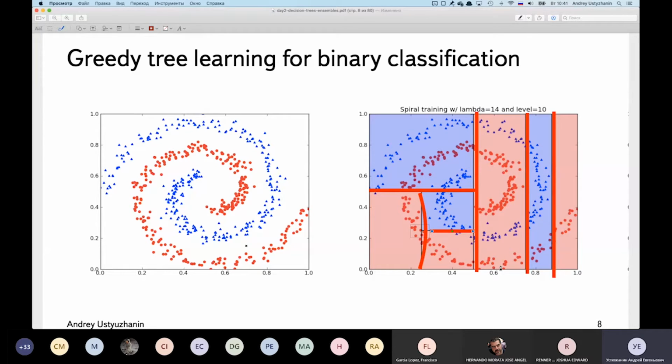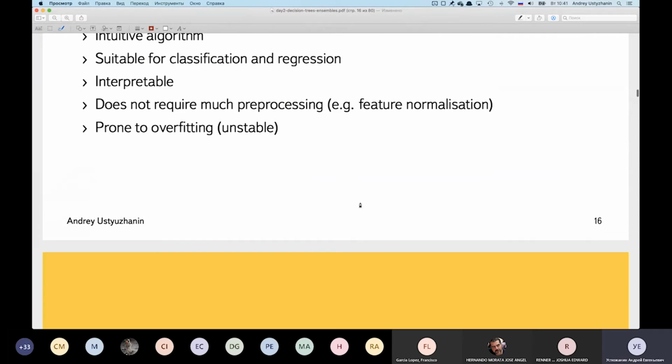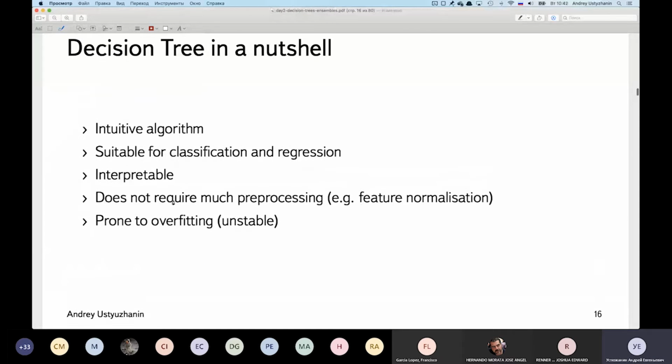So this feature may be of more importance than the vertical one. And you can compute this importance for every feature by looking at the decision tree structure.